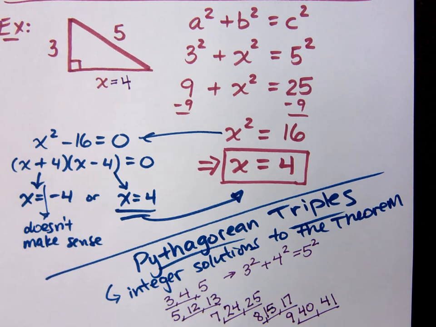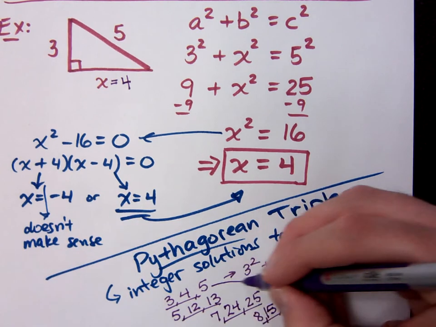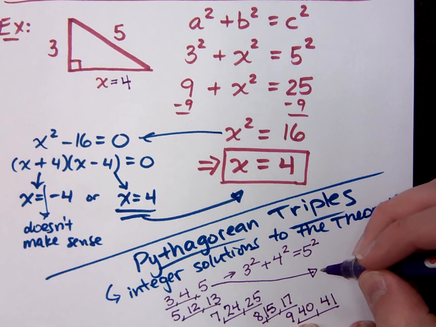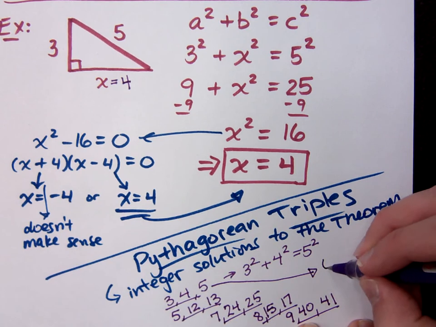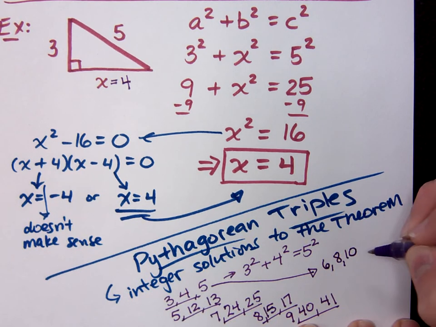What you can do with this, though, is create other triples that would satisfy the Pythagorean theorem by multiplying or dividing everything by the same number. For example, this 3, 4, 5, what if I multiplied everything times 2? I would get 6, 8, and 10. That would also satisfy the Pythagorean theorem.